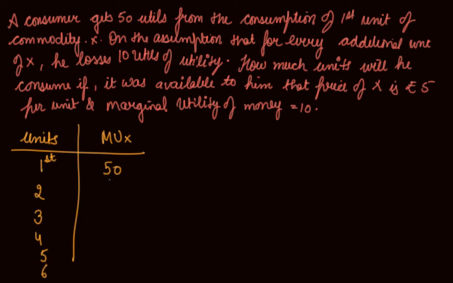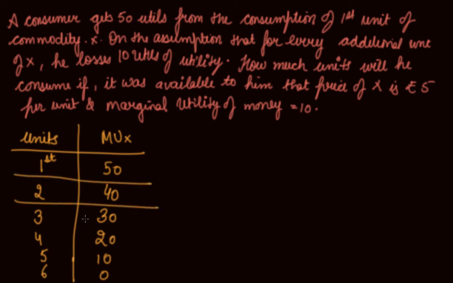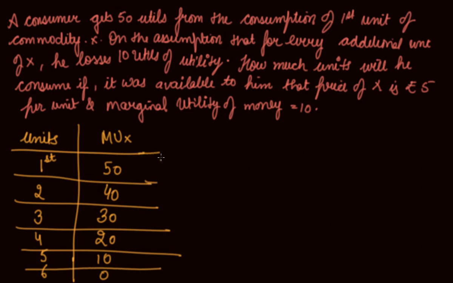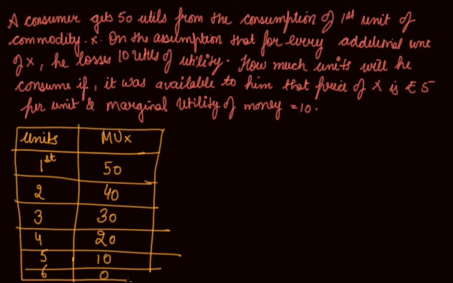Means if it is 40, then if he loses 10 utils by consuming one extra unit, from the law of diminishing marginal utility, this will be 40, 30, 20, 10, 0, negative, minus 10, minus 20 and so on, right? So this is the table they have asked you to make from the given information.